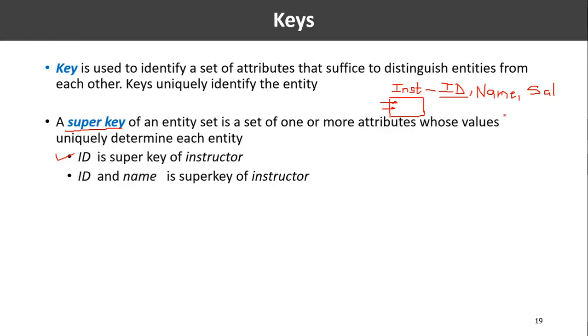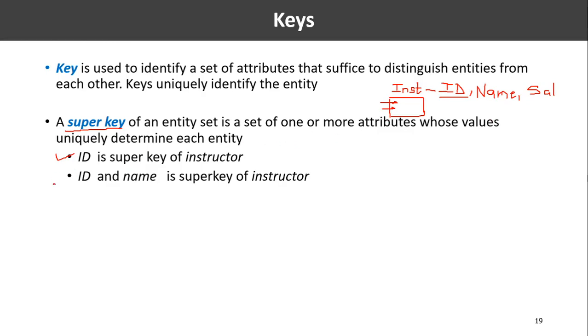But if I consider the set of attributes, say ID along with name, then it is also possible for me to distinguish two instructors from one another.